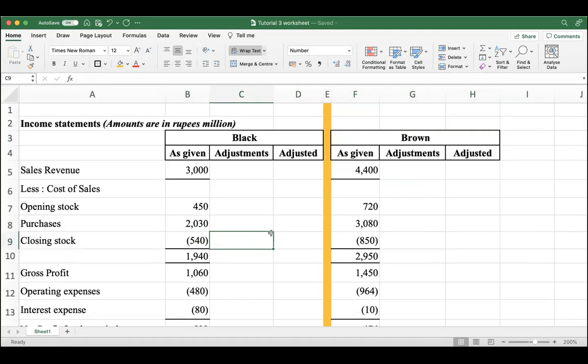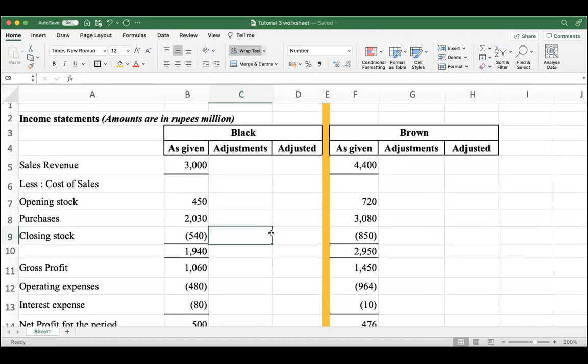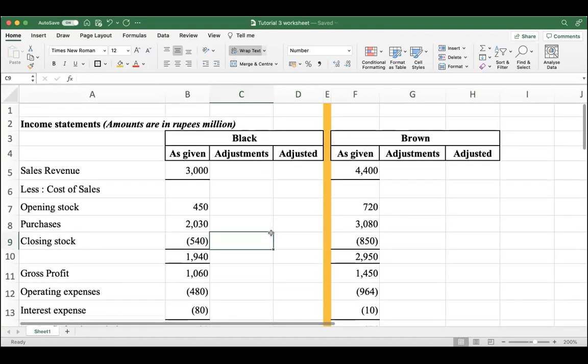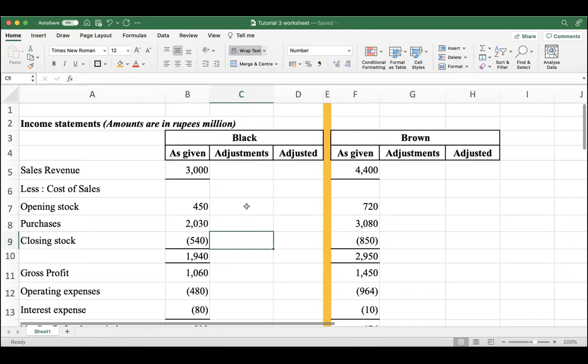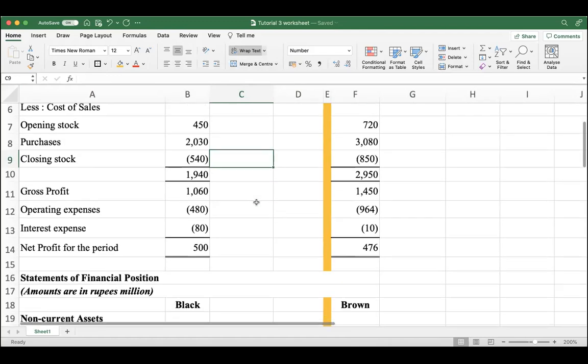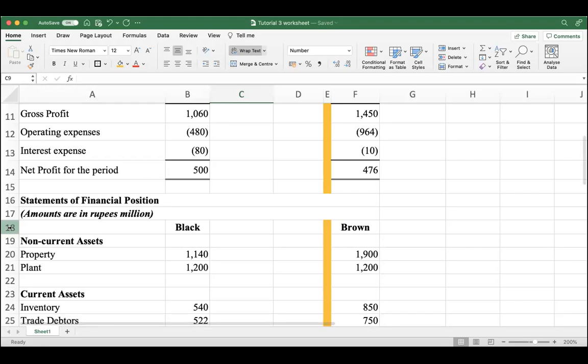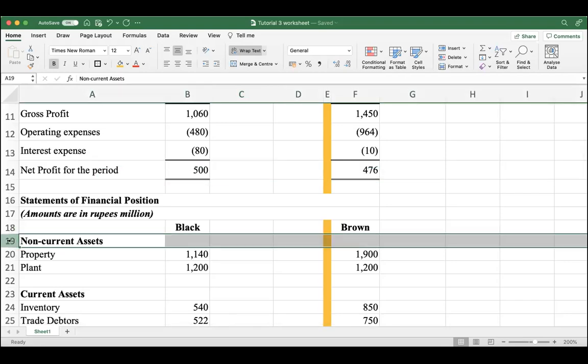Now we are trying to make the financial statement suitable for the analysis. So the same structure you can apply to the statement of financial position.